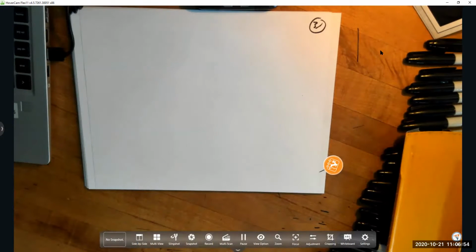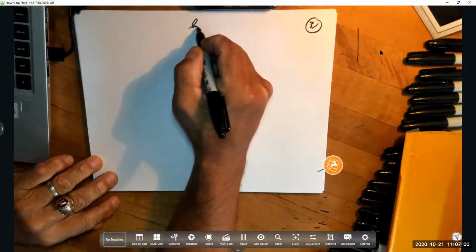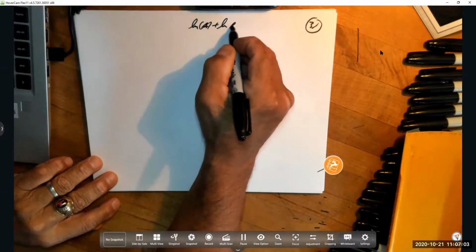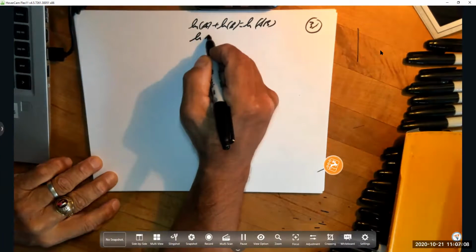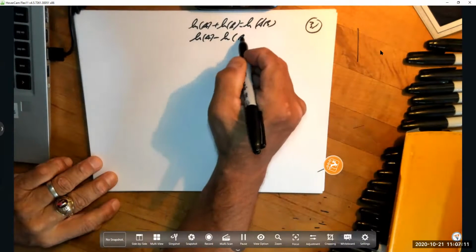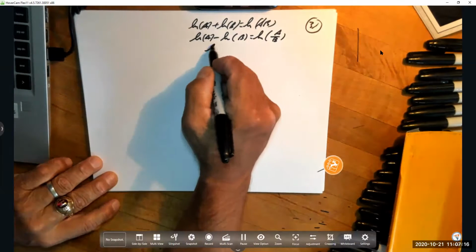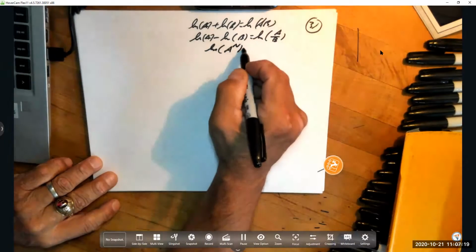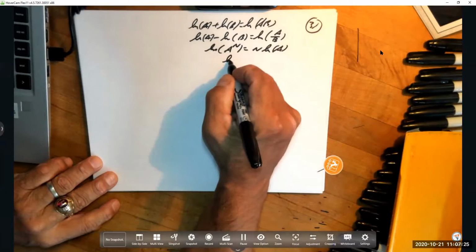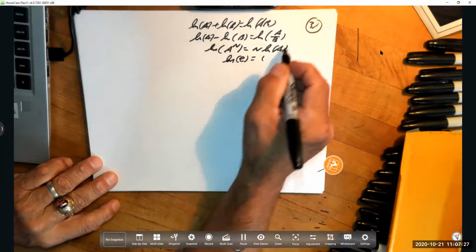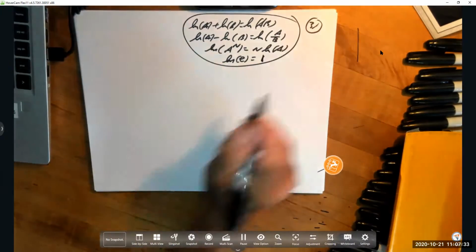So on Monday, we did these things here. ln of A plus ln of B equals ln of A times B. ln of A minus ln of B equals ln of A over B. ln of A to a power n equals n ln of A. New one. ln of e equals 1. Okay, so those are the old ones and the brand new one here at the bottom. ln of e is 1.